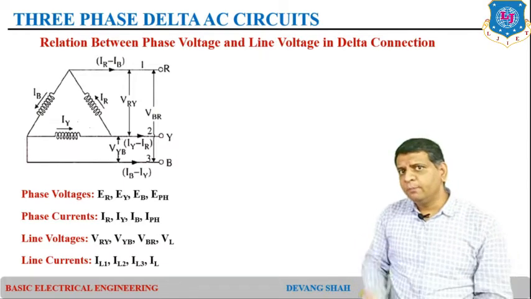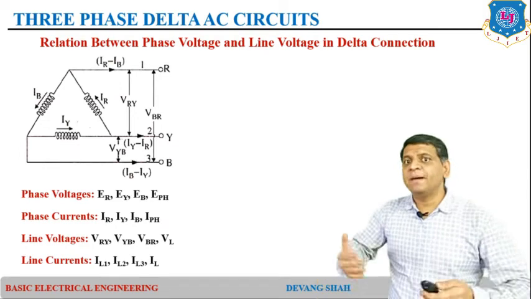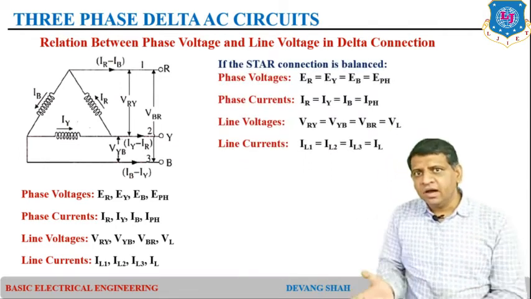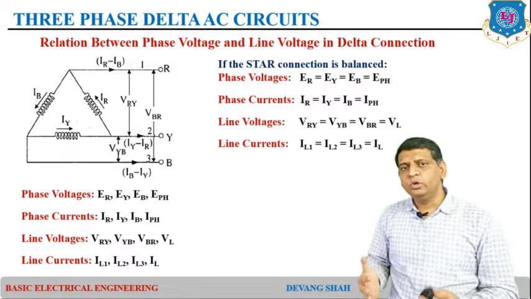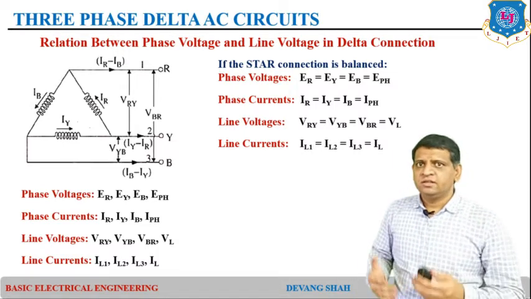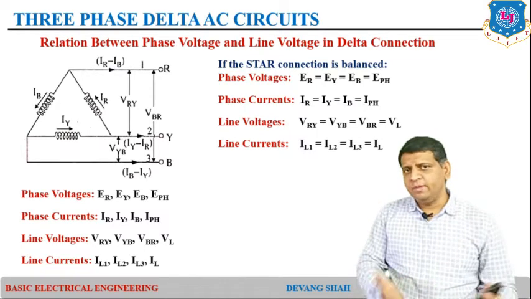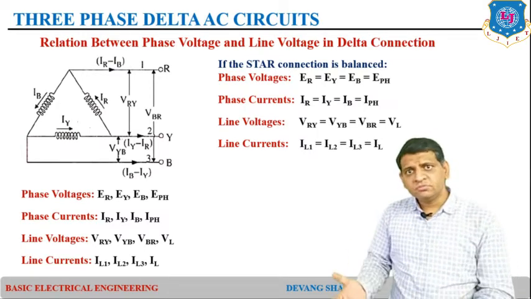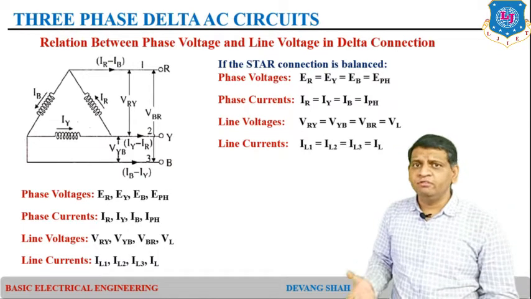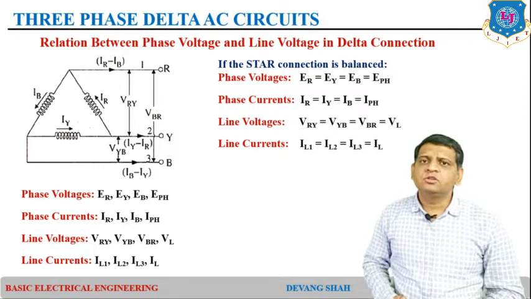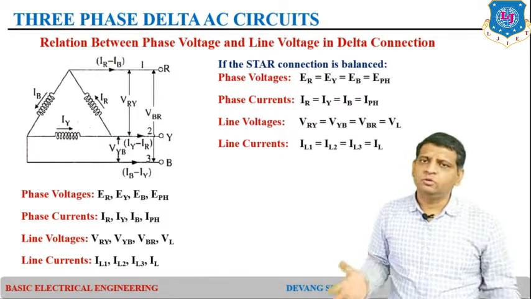If we consider the complete 3 phase delta system as a balanced system, then the phase voltages are ER equal to EY equal to EB equal to EPH. In the same way, the phase currents are IR equal to IY equal to IB equal to IPH. The line voltages are VRY equal to VYB equal to VBR equal to VL, and the line currents IL1 equal to IL2 equal to IL3 equal to IL, right.